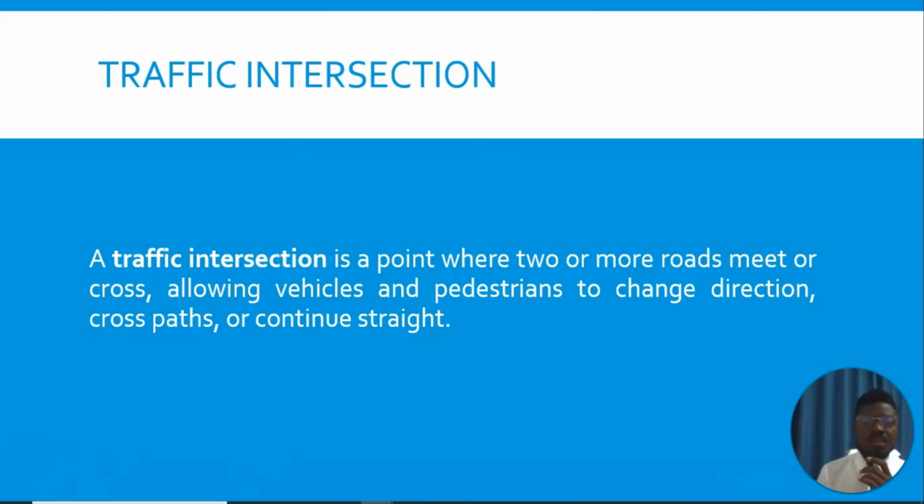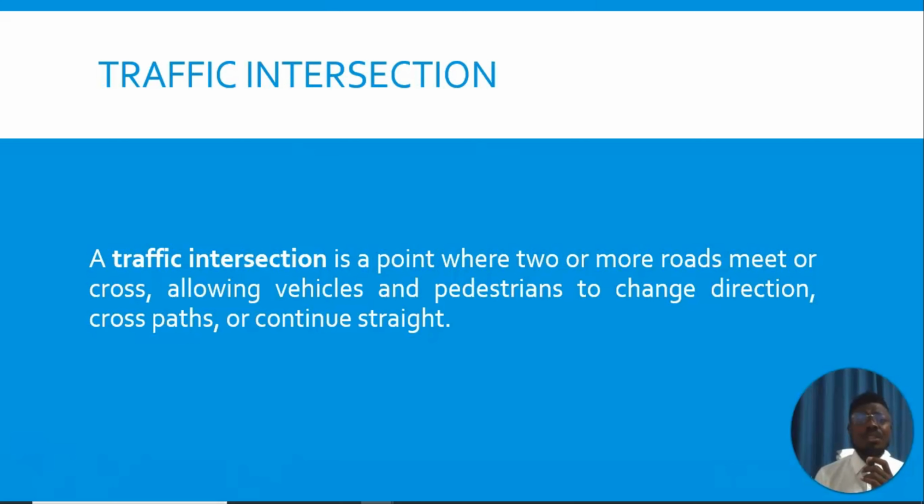We also have other forms of traffic signals that help to manage and control the flow of vehicles and pedestrians. That is one of the components we have in a traffic intersection. We also have the stop signs and the yield signs. These signs help us to control the right of way, and that is another component.